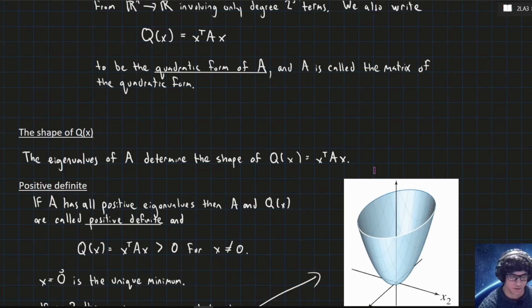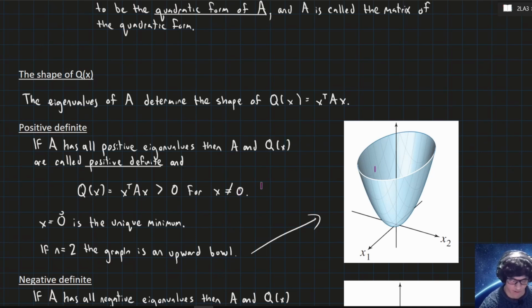So, the good case, usually wanted by applications, is the positive definite form of A. When A has all positive eigenvalues, then A and its quadratic form are called positive definite.